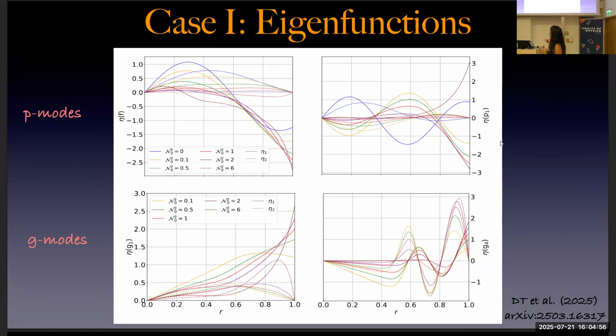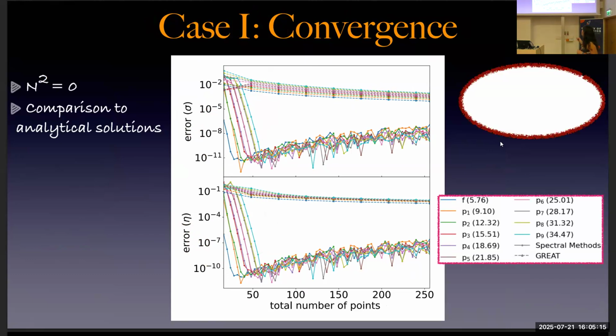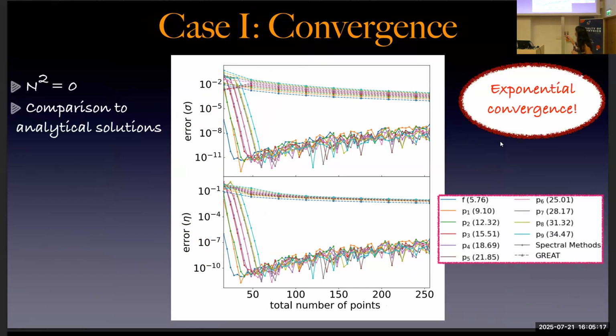Now, as I mentioned, when we have 0 Brunt-Väisälä frequency, we have analytical solutions. Therefore, we can have a convergence test. What I show you here is, on the upper plot, the error in the frequency, while in the lower one, the error in the eigenfunctions. You can see that we have exponential convergence.